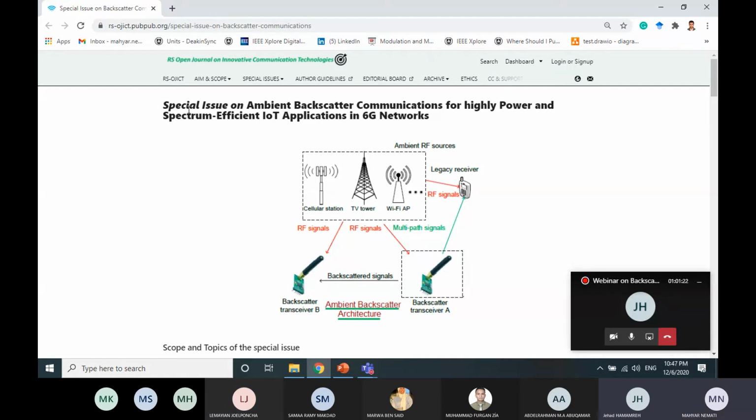So this is a new journal. It's called Open Journal on Innovative Communication Technologies. It's a very interesting journal, and there is a special issue on ambient backscatter communications for highly power and spectrum efficient IoT applications in 6G networks.